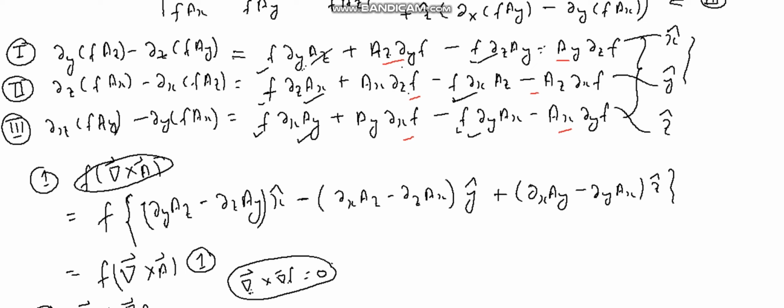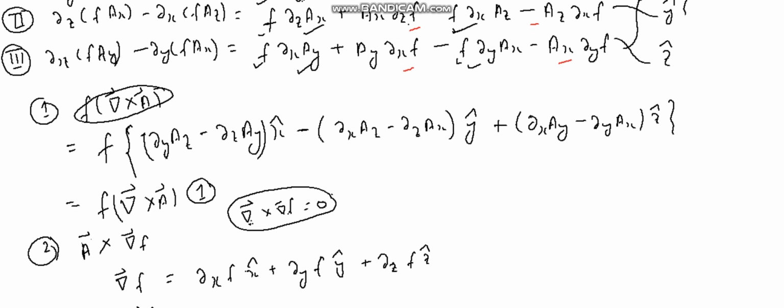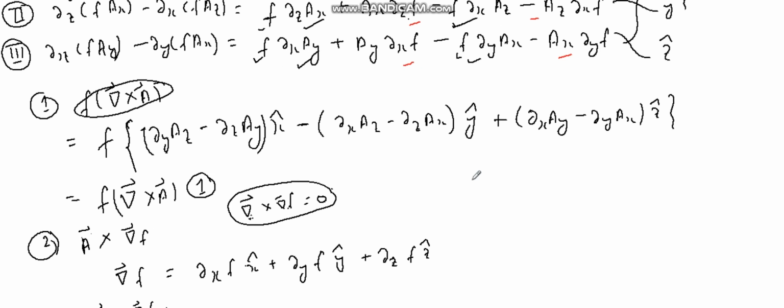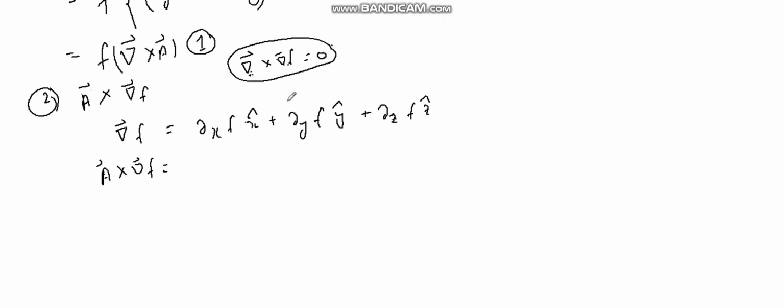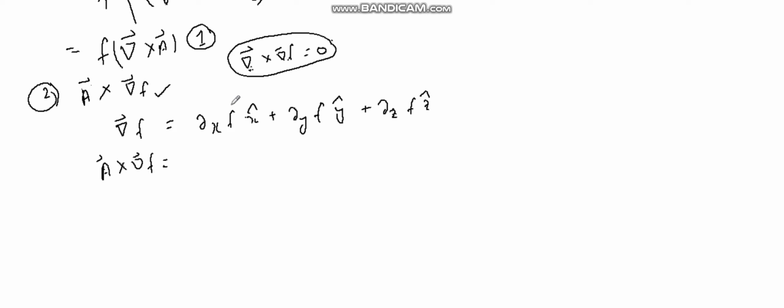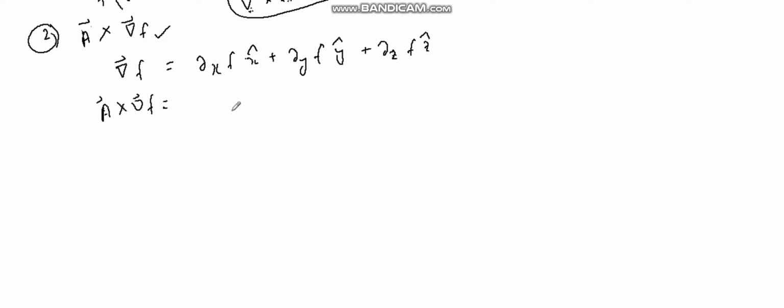And if it gives the same terms, then rearranging this term must give this second term, and then we are going to have our proof ready. Okay, so what is it going to be?